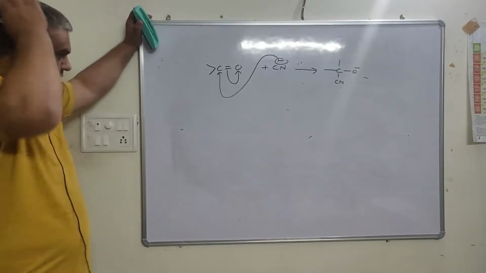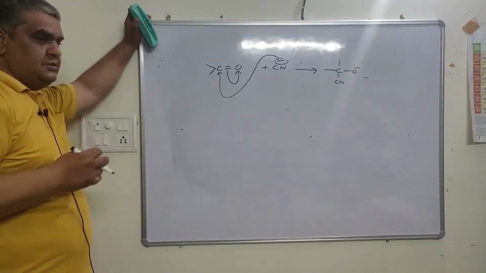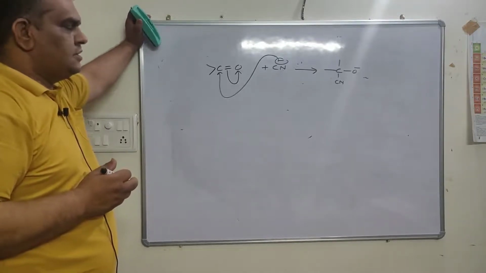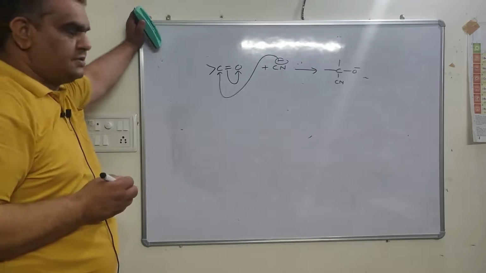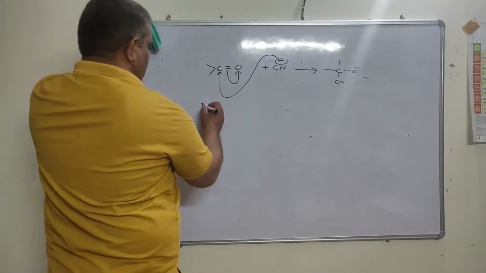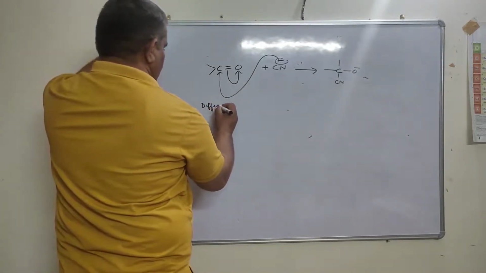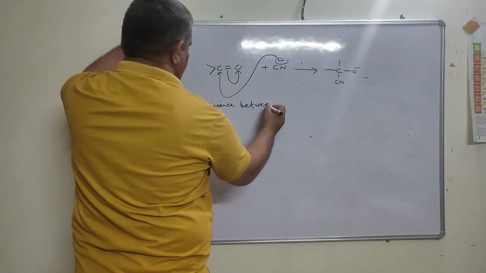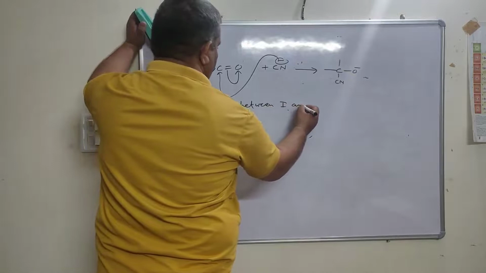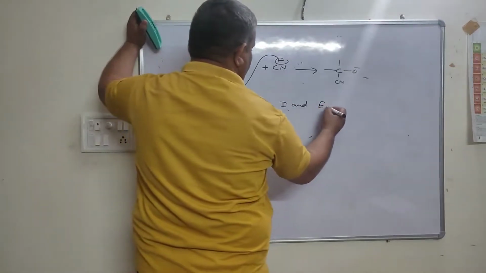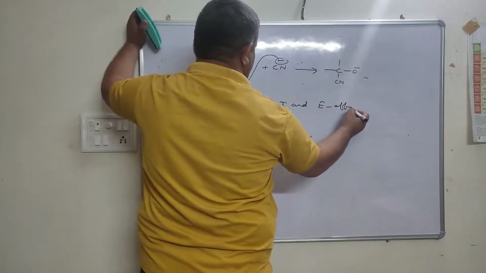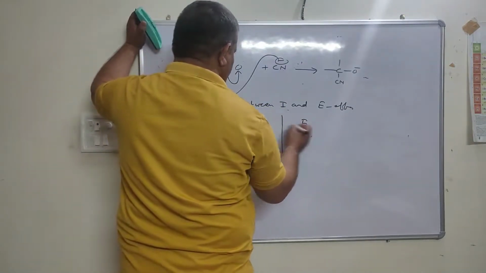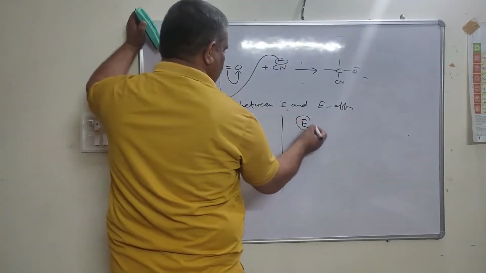And next question is the distinction and difference between the inductive effect and the electromeric effect. The difference between I and E effect. This is the inductive effect, this is the electromeric effect.